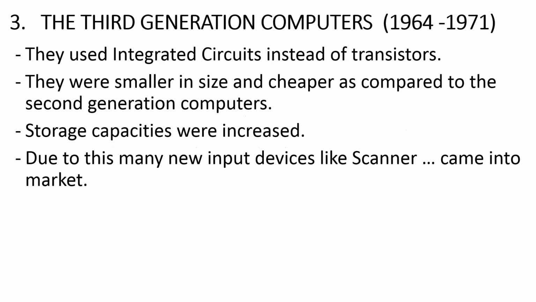Okay, now to make the computers in a more flexible, more efficient, more user friendly way, some more inventions were done, and that gave rise to the third generation computers. Now these third generation computers were used between 1964 to 1971. Between this period, the third generation computers were used.